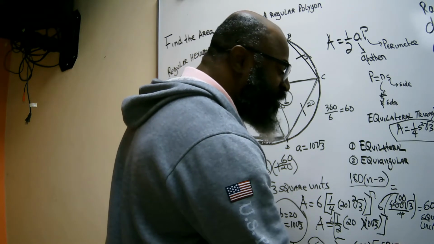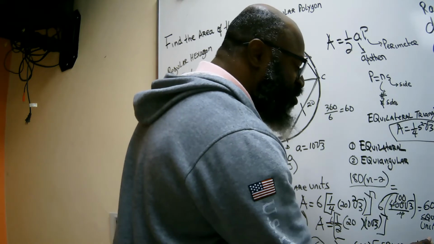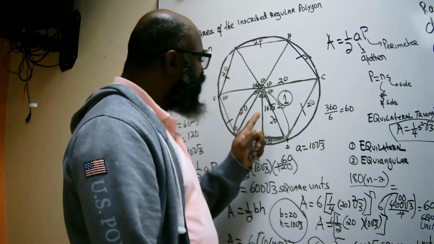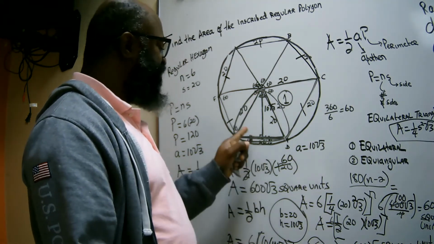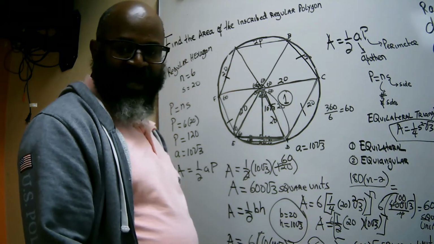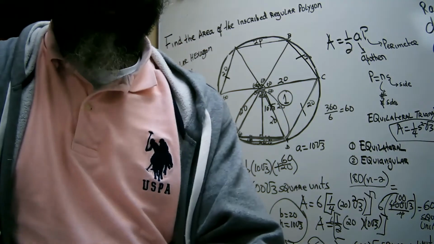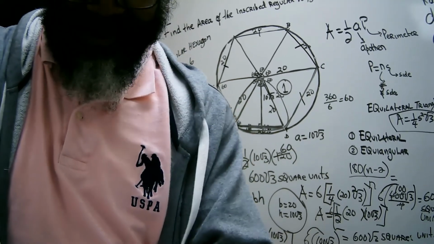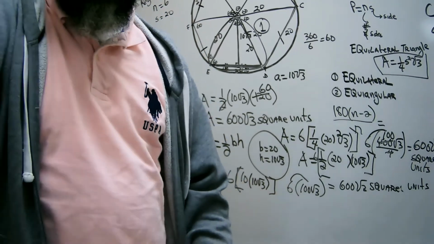Either way, if you really know what you're doing, you should be able to figure it out. We're using the old formula for a right triangle, base times height divided by 2, and you will get the same outcome. This is how powerful math is if you follow those concepts. So either way, we're going to get the same outcome.